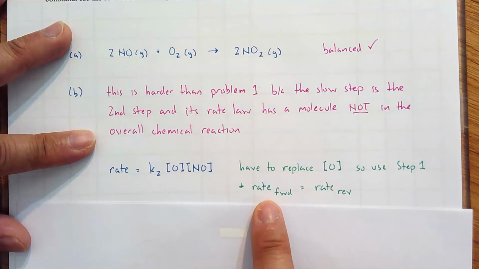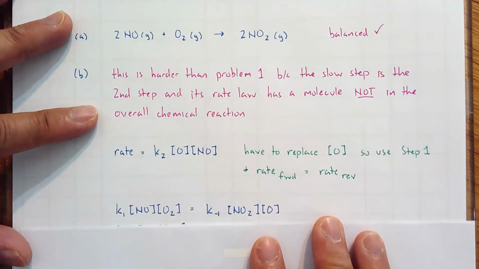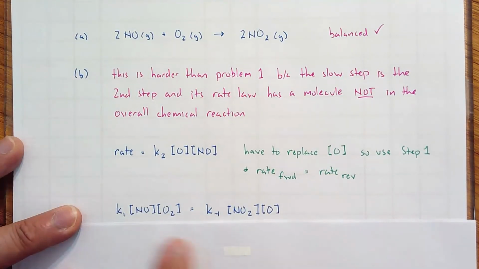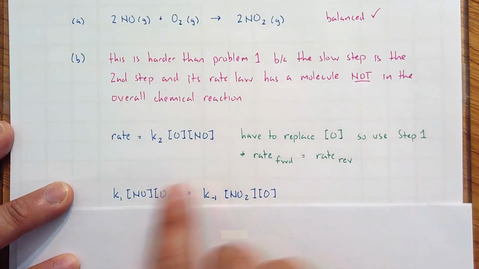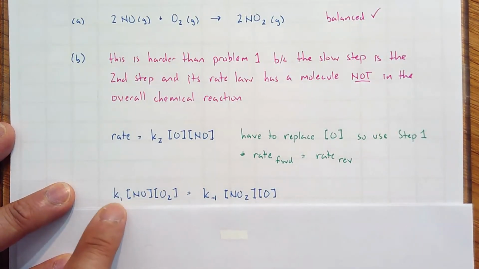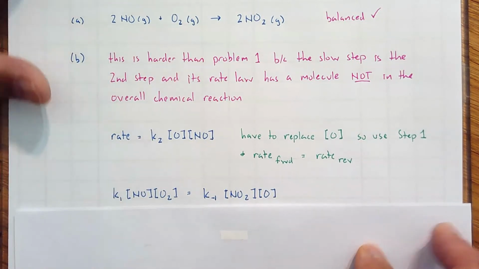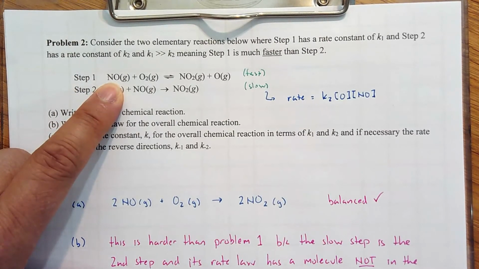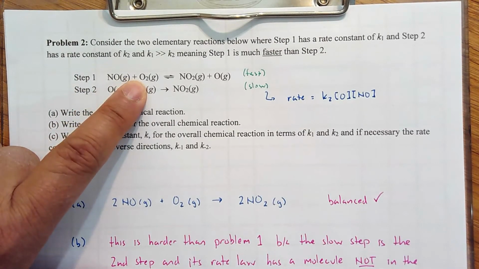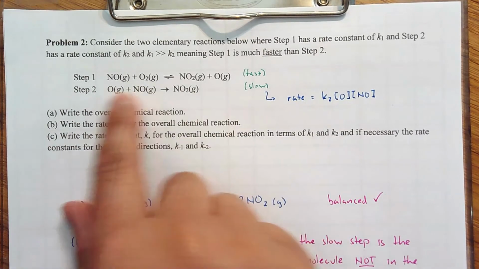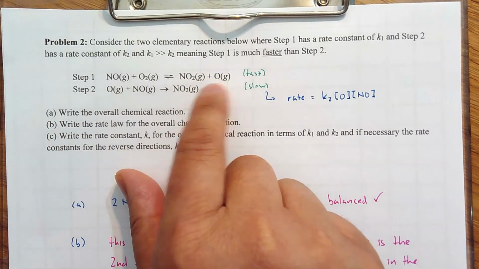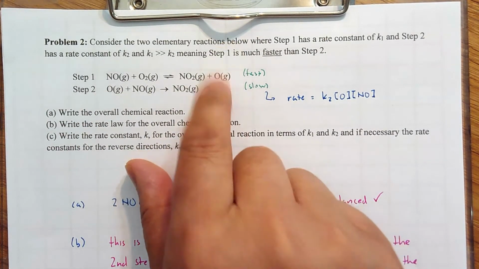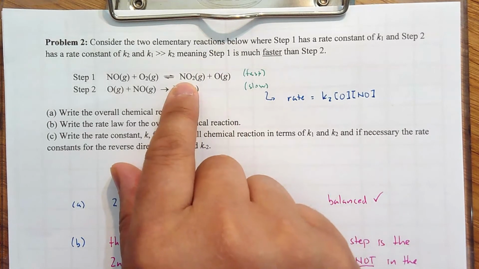I set the forward rate and the reverse rate identical to each other. Do you remember how I talked about the K for the first step is K1? If you want, let's take a look at that. So that is right here. Concentration of NO times the concentration of O2. In the backwards direction, it's K minus 1 times the concentration of O times the concentration of NO2.